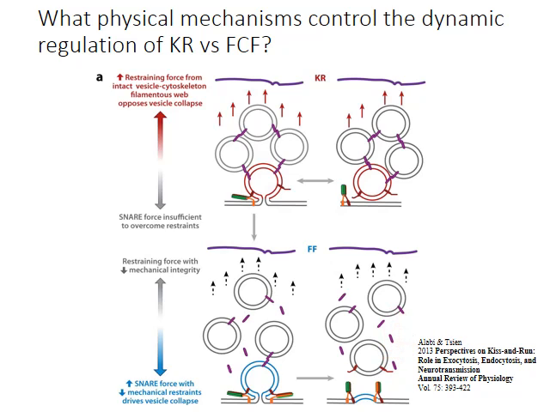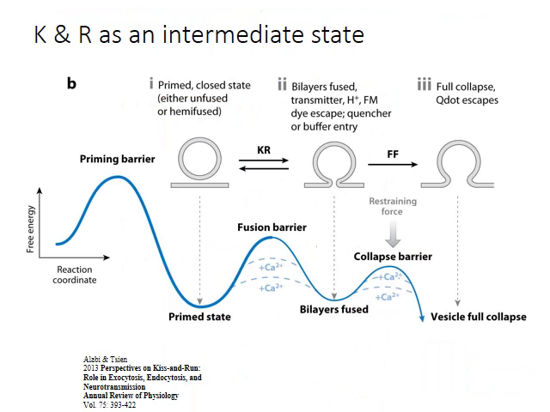So it's a different way to think about where the molecules end up after the fusion event. But this also gives us a way to begin to think about kiss and run as an intermediate state between the docked and primed vesicle and a vesicle that is beginning to undergo full collapse and fusion irreversibly.